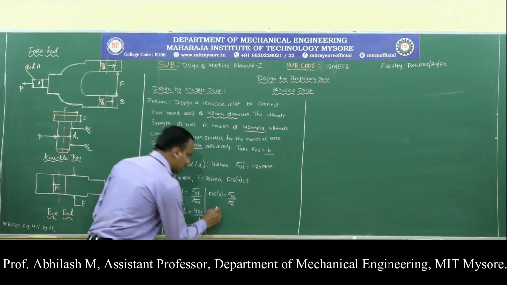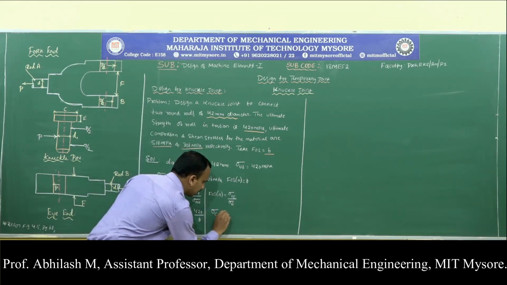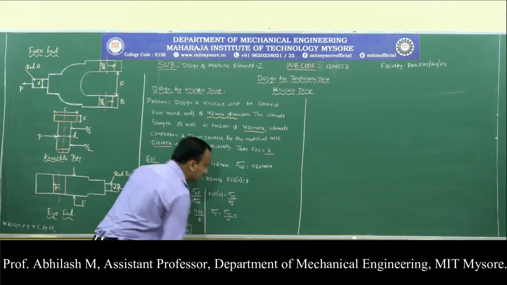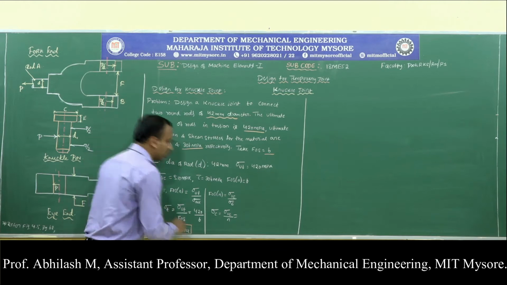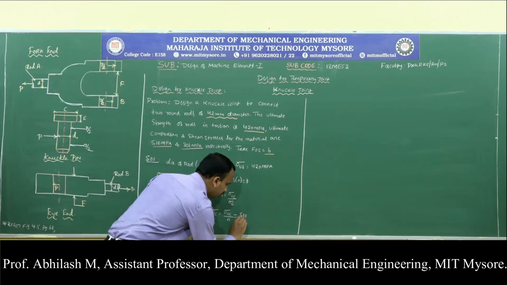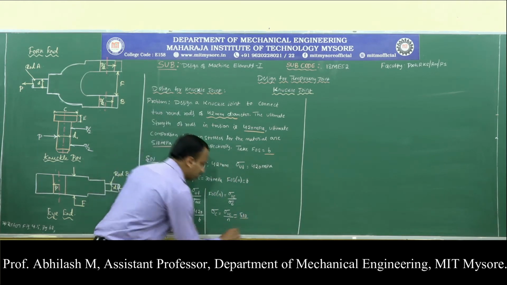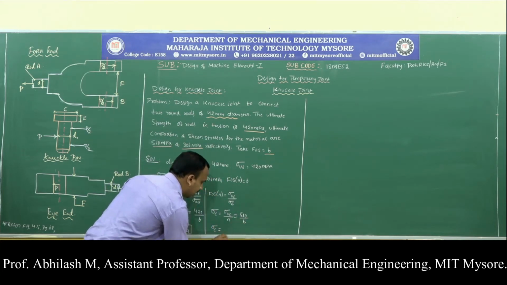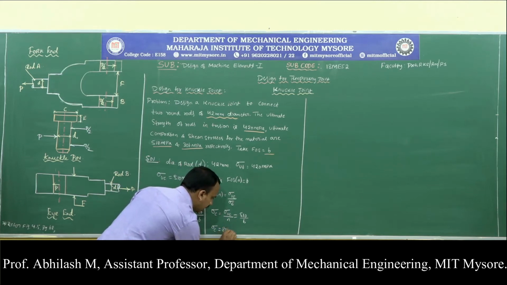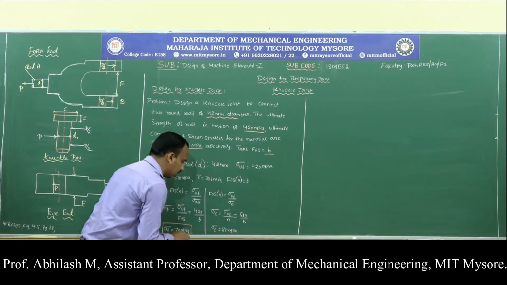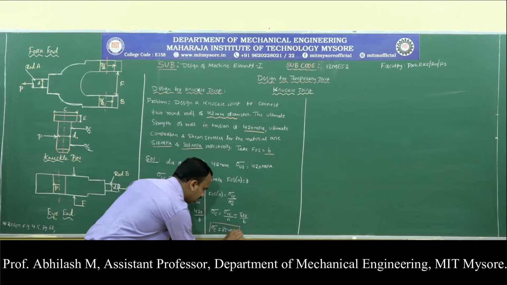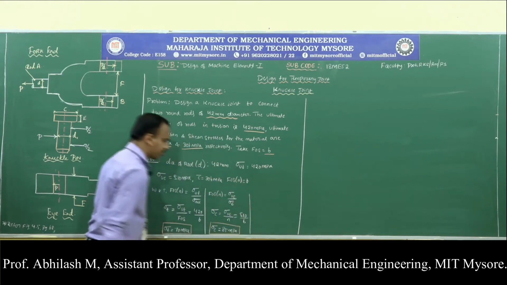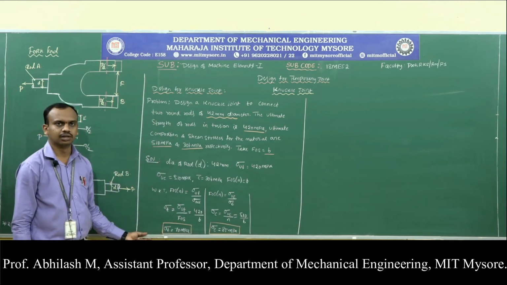So sigma C is equal to sigma UC divided by N. Sigma UC is 510, divided by the factor of safety 6. So how much is the value? 510 divided by 6 will give us the value of 85 megapascal. So the allowable compressive stress of this particular material, sigma C, is 85 megapascal.